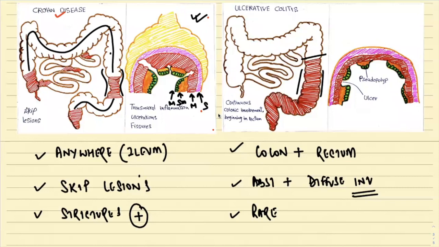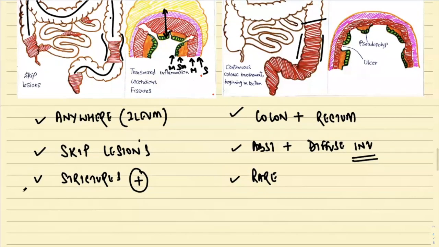In this case, the inflammation is involving the entire thickness. So at the end of inflammation, when it becomes chronic, there will be fibrosis and thickening. And because fibrosis is there, there is also presence of strictures over here. That is also one of the reasons that strictures are present.